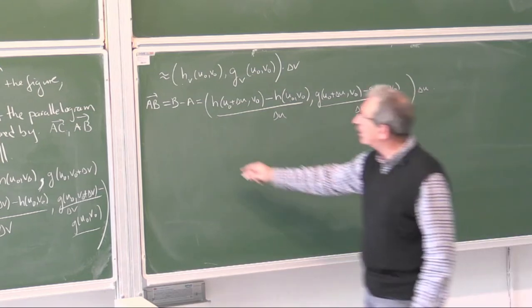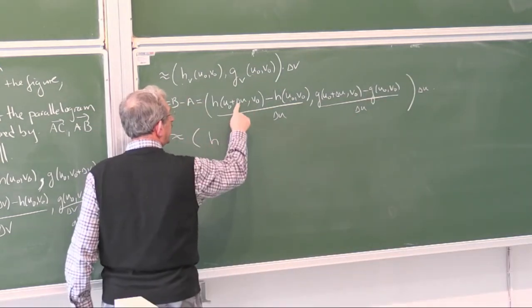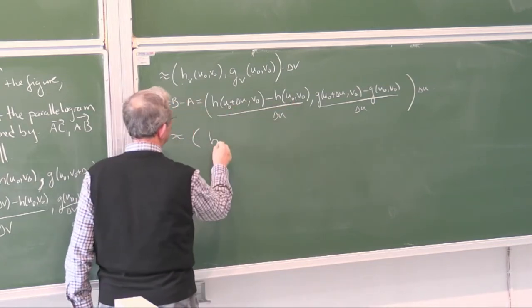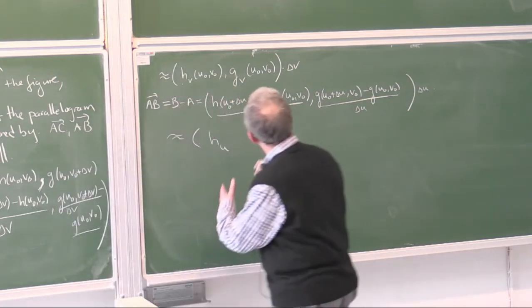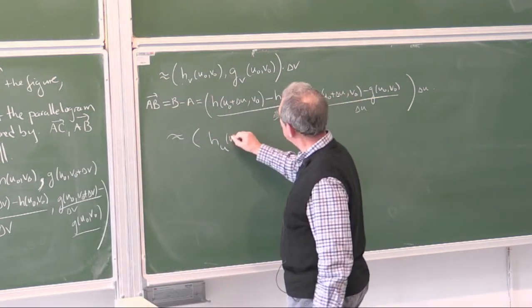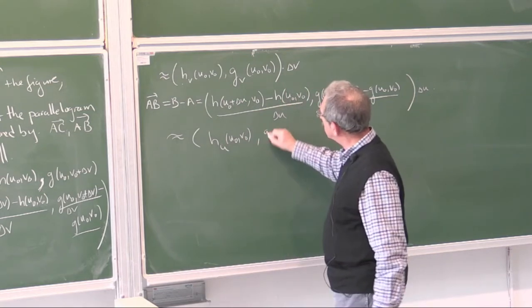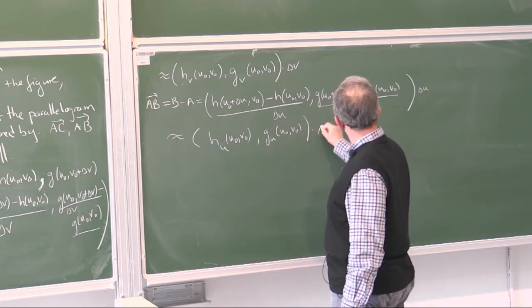So this is approximately h; now the first variable is increased, and so this is the derivative of h with respect to u at the point u0, v0. I will not write this all the time. And the second one is similarly g sub u at u0, v0, times delta u.